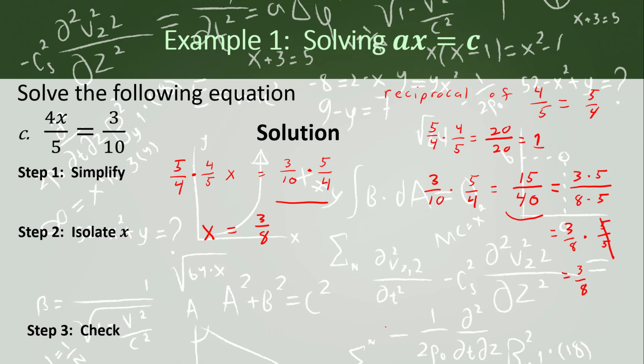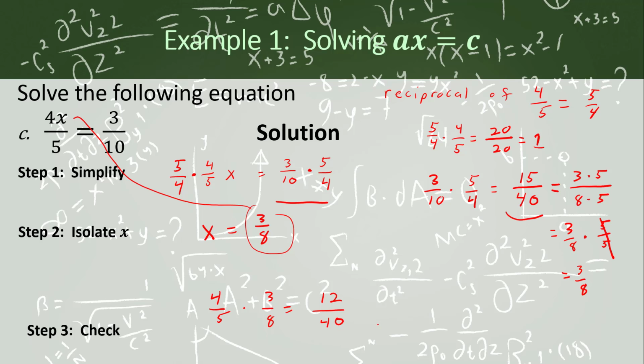And there you go. Last thing you need to do is check to see if you're right. Now notice here we have 4/5, and we want to substitute the 3/8 back into x. So that's going to be 4/5 times 3/8. To do this, we multiply the numerators together. That's going to give me 12. We multiply the denominators together. That is going to give me 40.